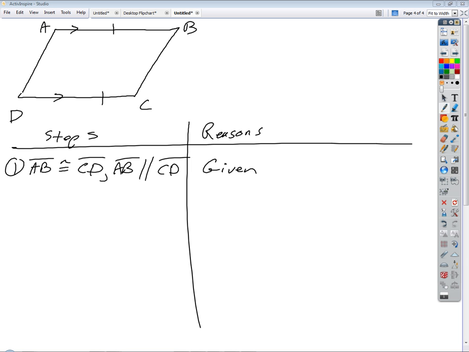No Duncan today? Is he sick again? He was, yeah.